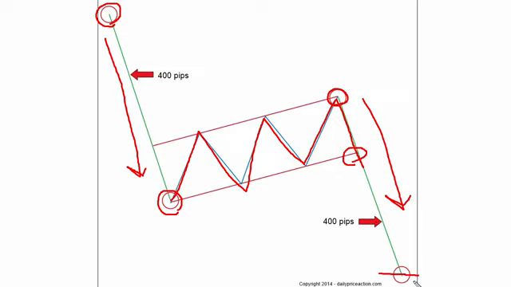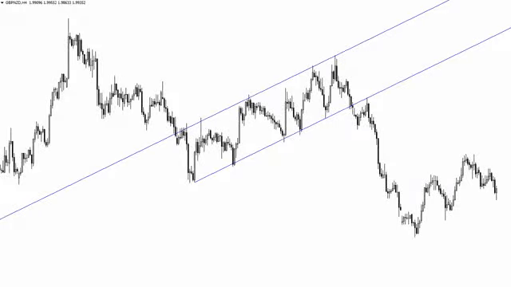So let's take a look at one example on the British Pound New Zealand Dollar 4-hour chart. Here we have the British Pound New Zealand Dollar 4-hour chart, and just like the illustration we just looked at, we had the market make an extended move down before it started forming this channel.